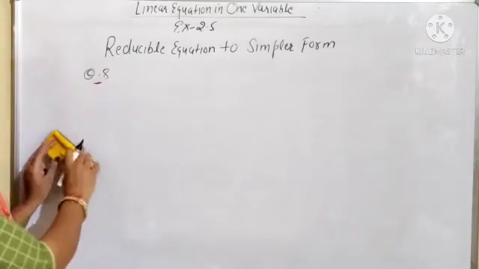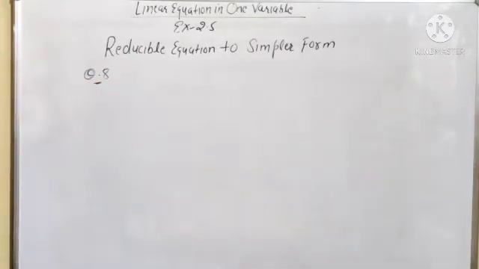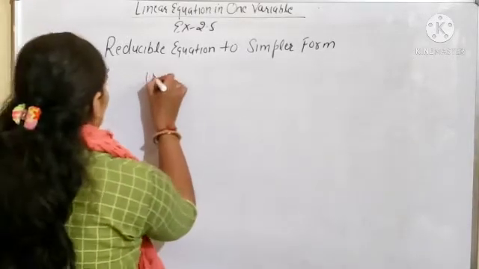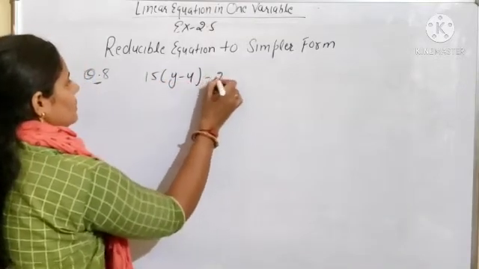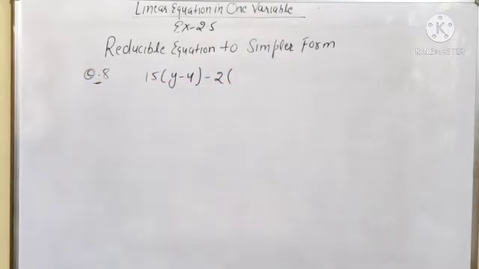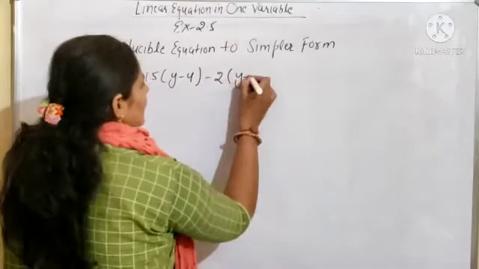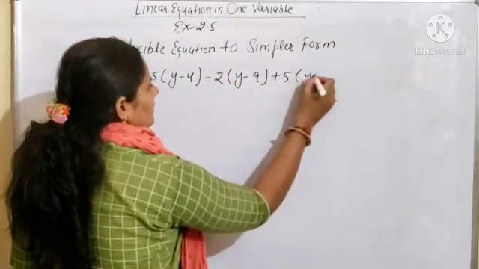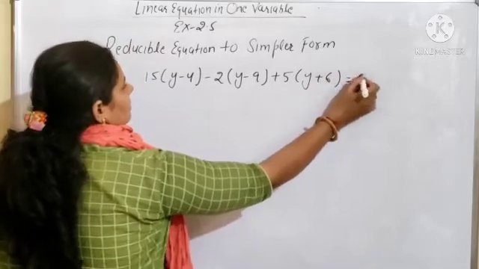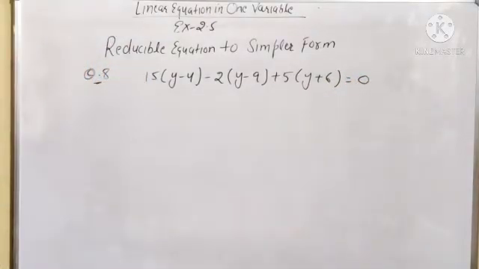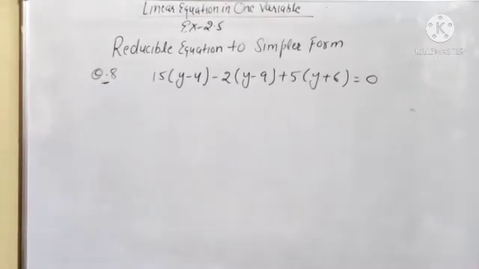So what is question number 8? 15 into y minus 4 minus 2 into y minus 9 plus 5 into y plus 6 is equal to 0. So simplify and solve the linear equation.